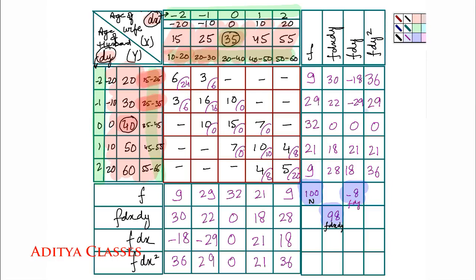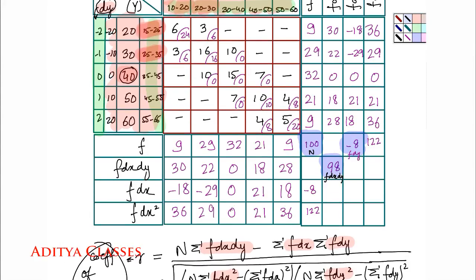Let us find out what these totals are also. We have missed out on f dy square also. Let us find out these totals. What are these values?